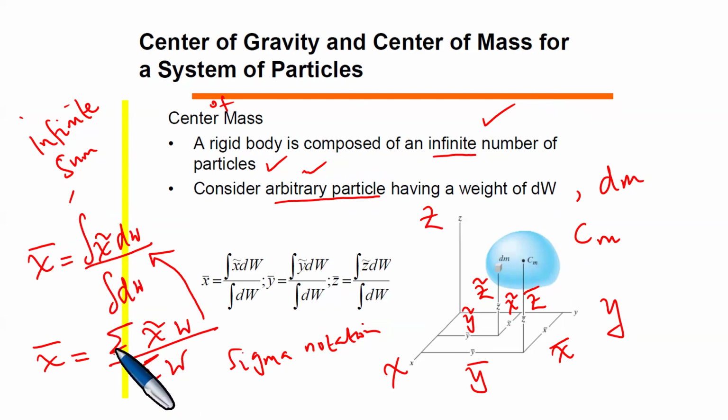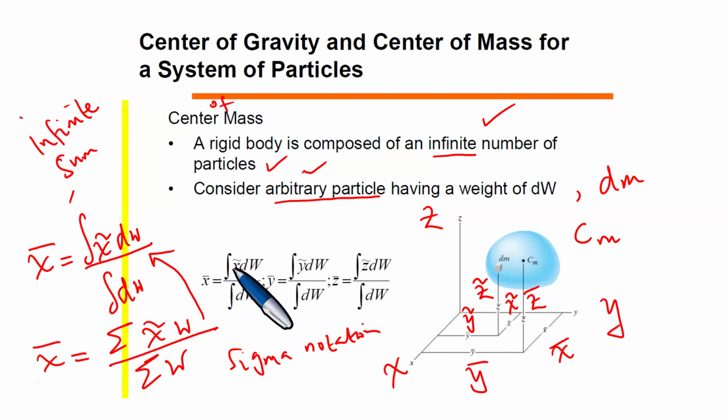So we're still summing the actual moments. What are these moments? The moments about the x-axis, the moments about the y-axis, the moments about the z-axis. We take this distance parallel to the x-axis, which is x tilde, and multiply it by the weight of that particular particle.